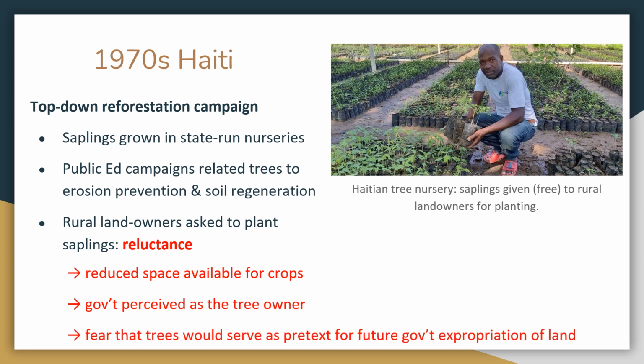Further, farmers worried that having government trees growing on their land would serve as pretext for the government coming to seize their land in the future. These were all powerful disincentives to participation.